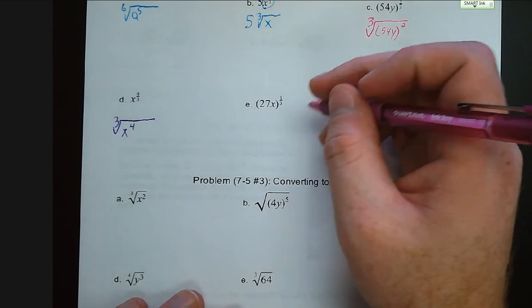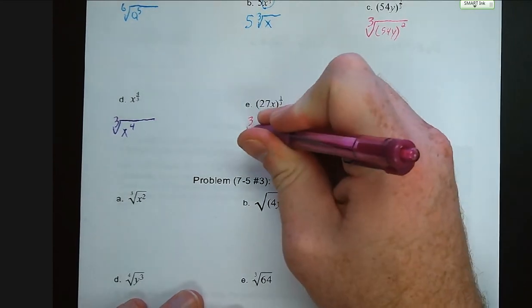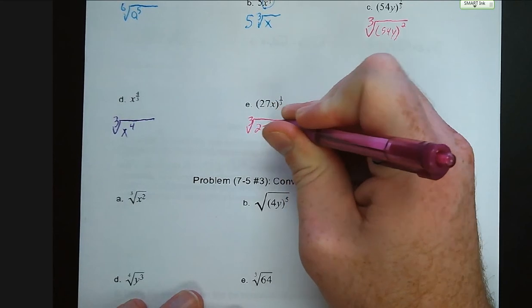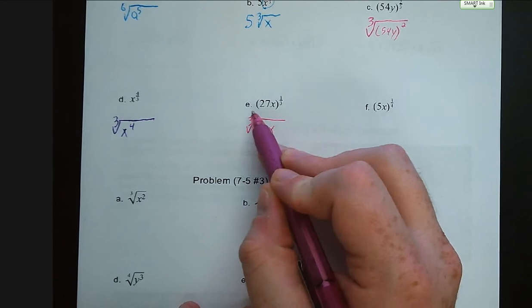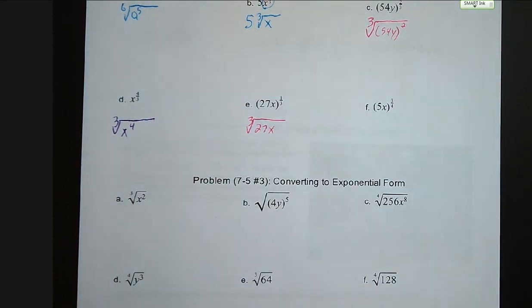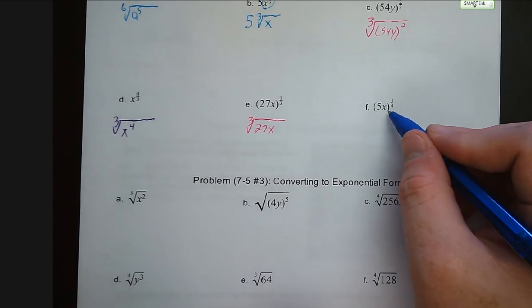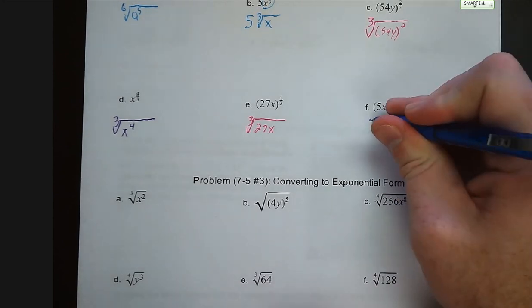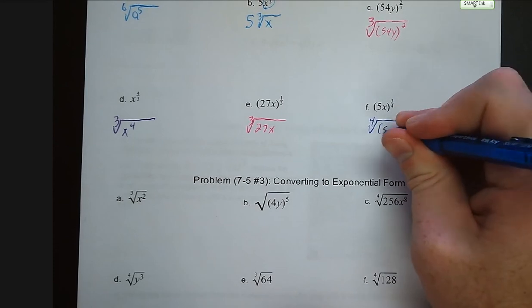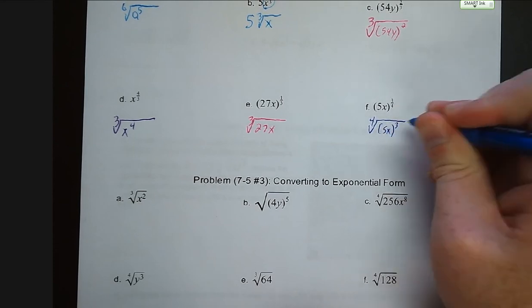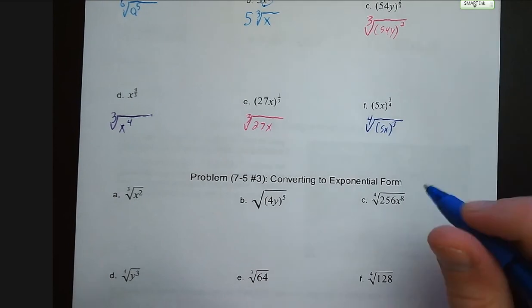So that'll be the cube root of 27x. The whole thing goes underneath because it's in parentheses. Okay. And letter F, 54x to the 3/4. That'll be the 4th root of 5x to the 3rd power.